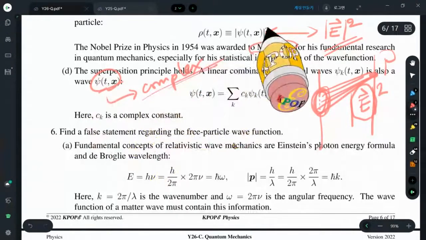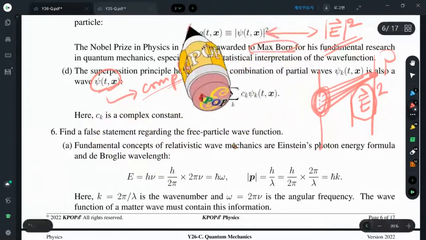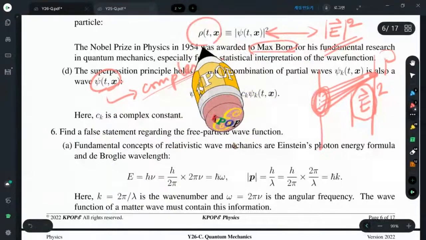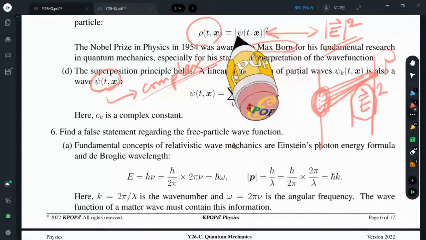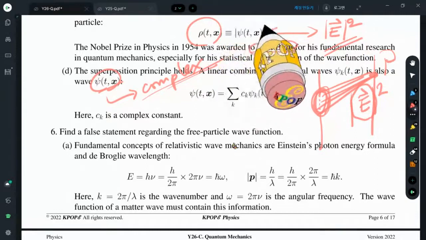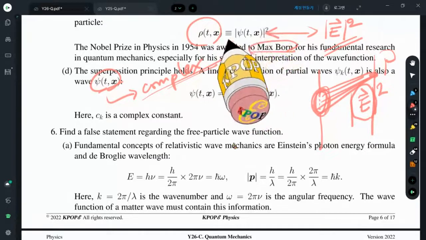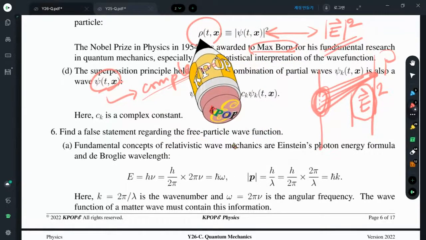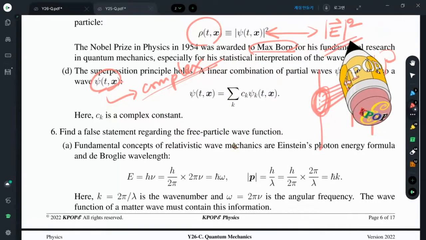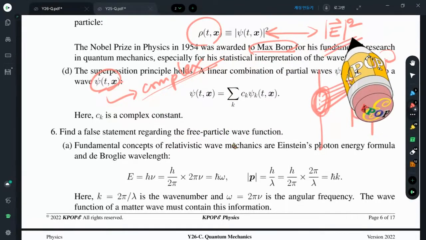So its absolute value squared is the probability. Actually, in here, the probability of finding a quantum mechanical particle satisfying wave nature is something like the intensity of light carried by the electric field.